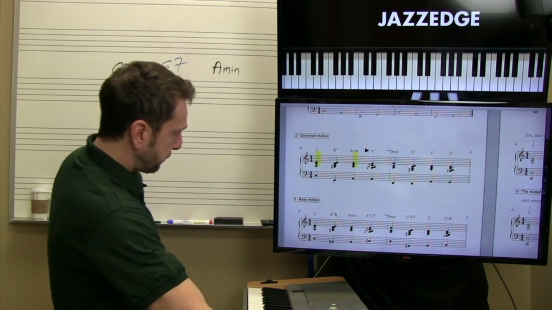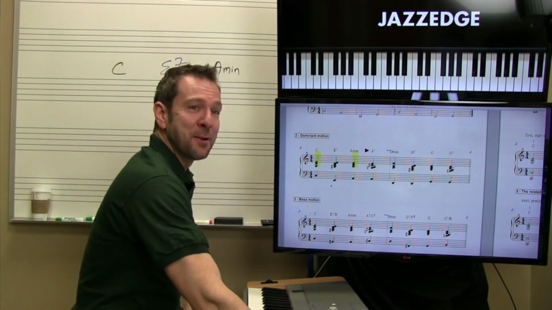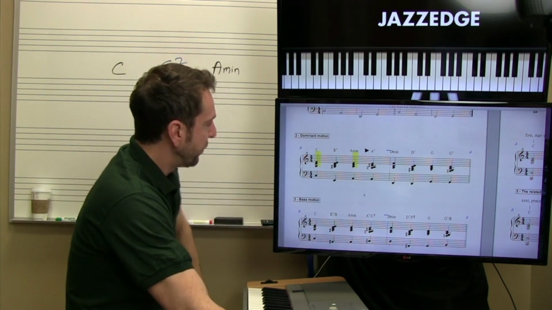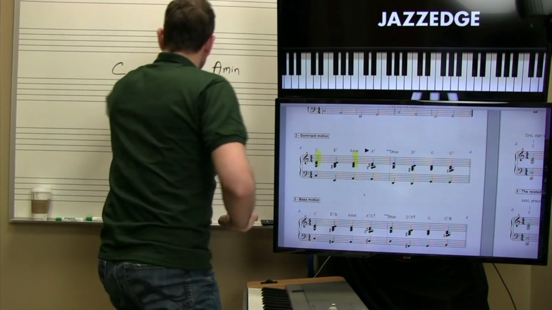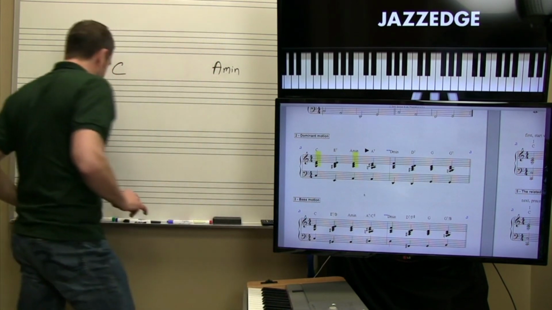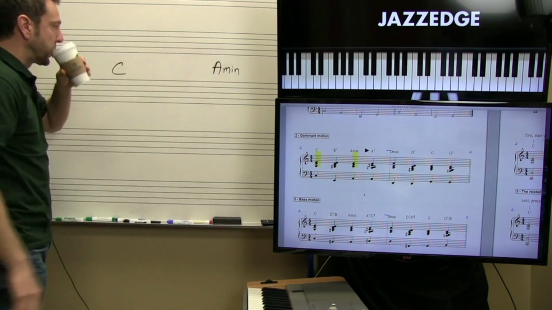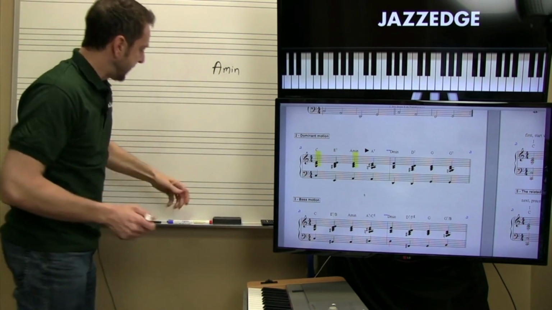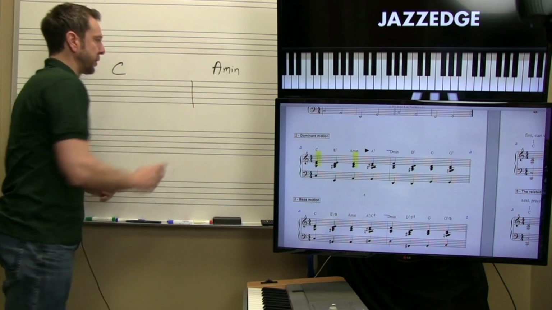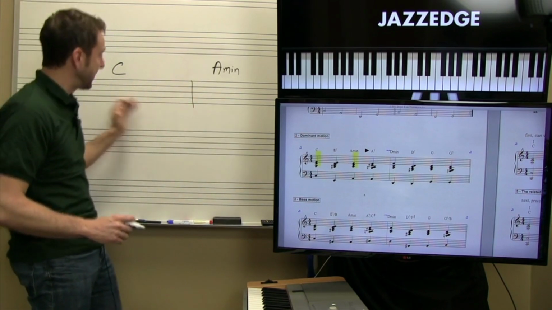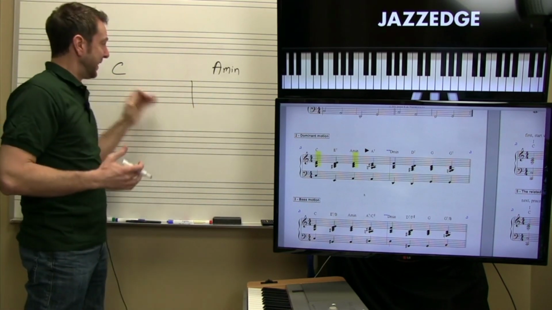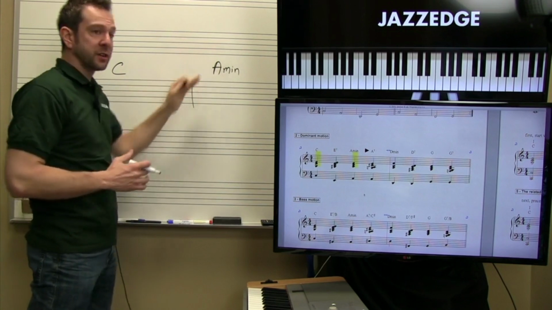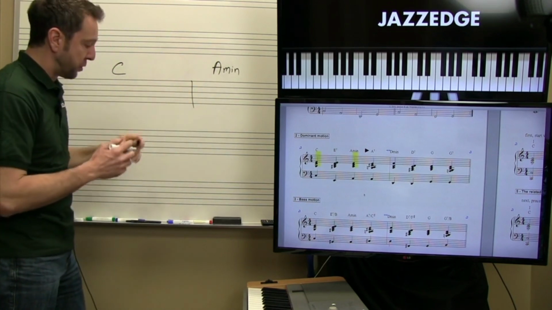All right, so let's talk dominant motion. Now, when we have a chord, we're moving from C to A minor. And a lot of times you might have a chord that goes an entire measure like this, and you want something in here to have some extra harmony going on, some extra chords going on.